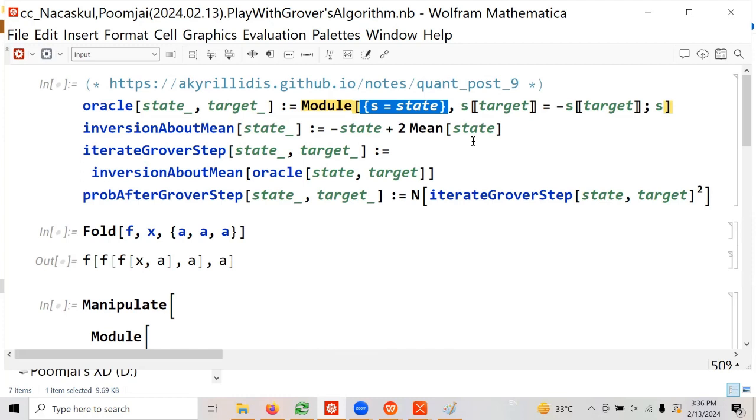And then the target is, let's say, number 13, unlucky number. So S13 becomes minus 1 over square root 20.